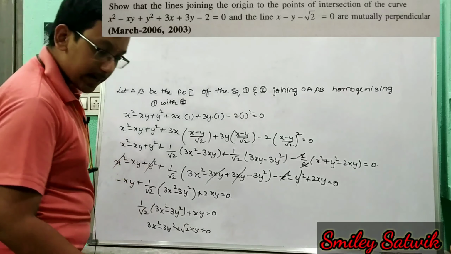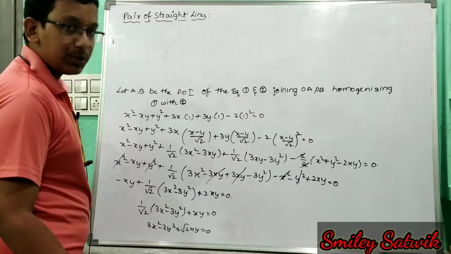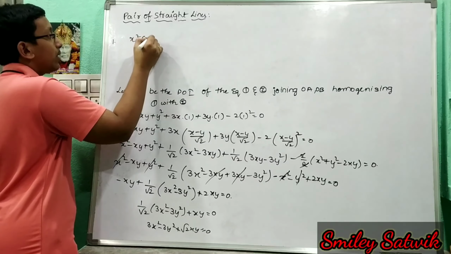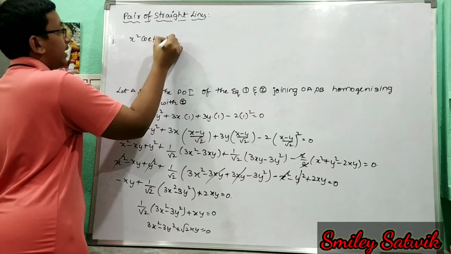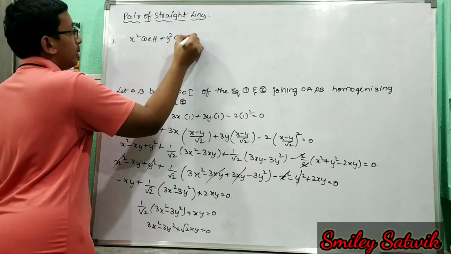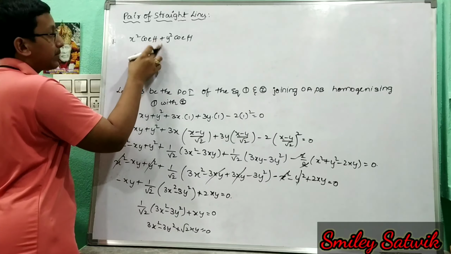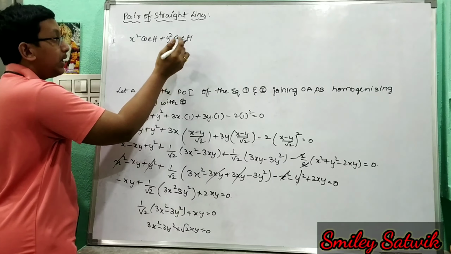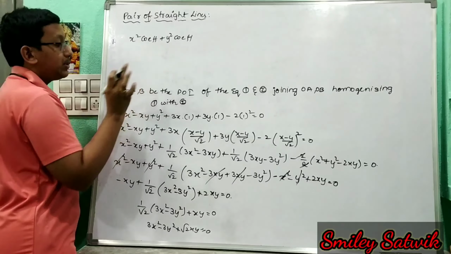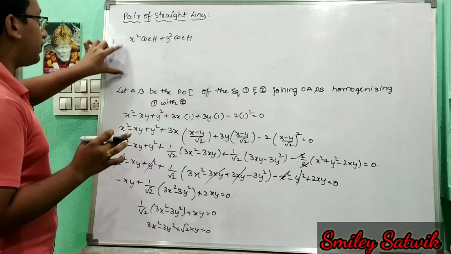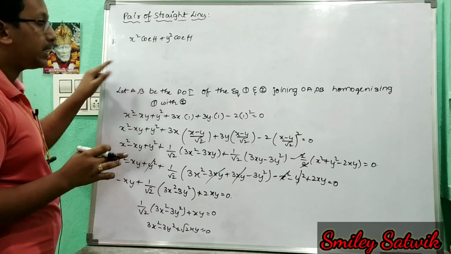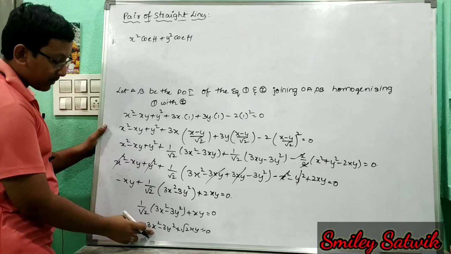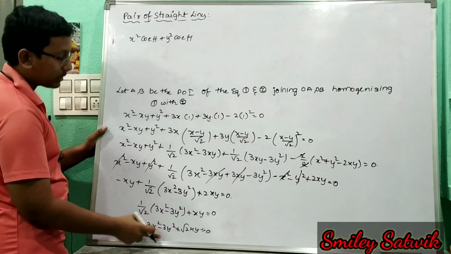They asked us to prove that the lines are mutually perpendicular. For proving perpendicular, the x square coefficient plus the y square coefficient should be 0. If we get 0, then the answer is correct. Here the x square coefficient is 3 and the y square coefficient is minus 3.